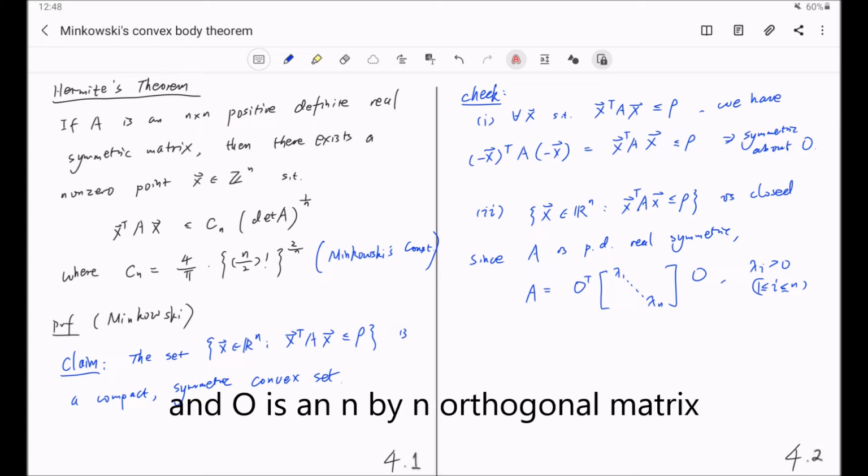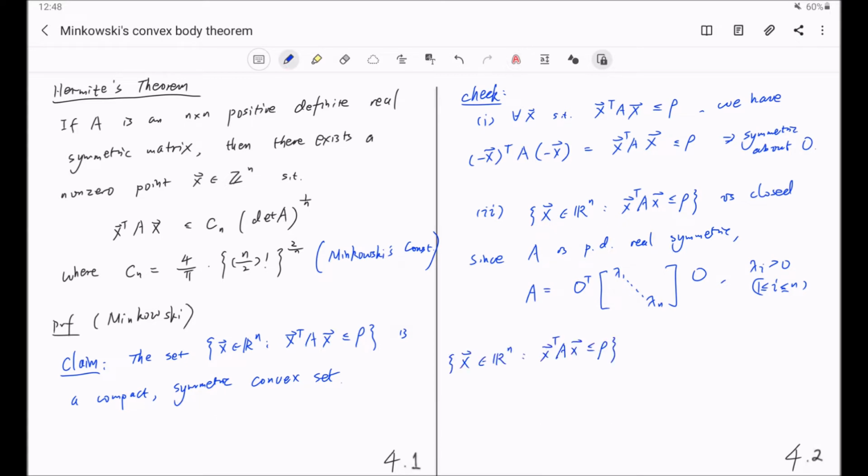So, as a result, you can rewrite this subset as x in R^n where x^T O^T times this diagonal matrix times O x is less than or equal to rho.